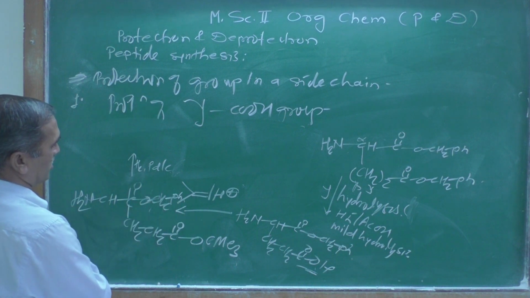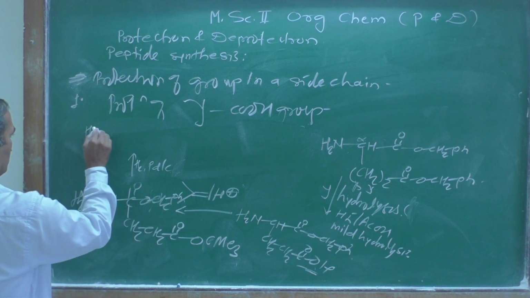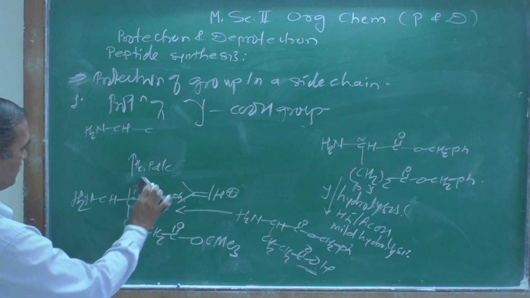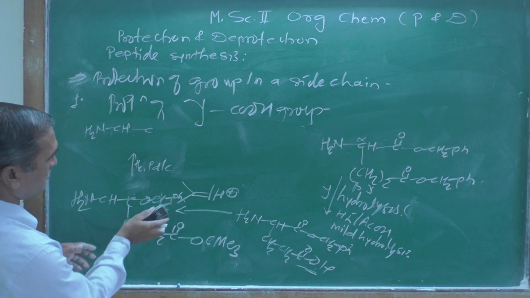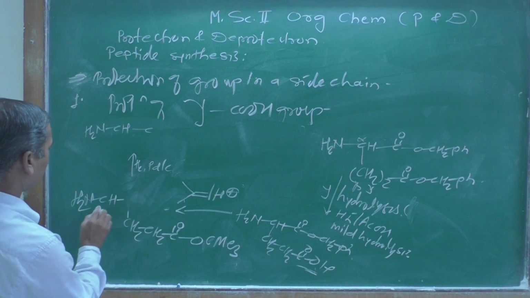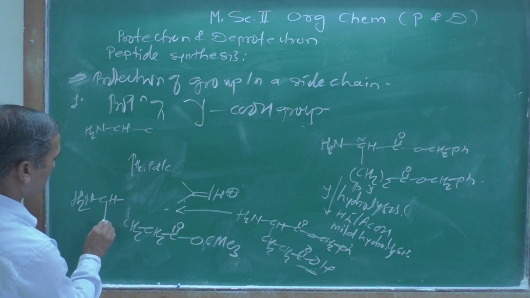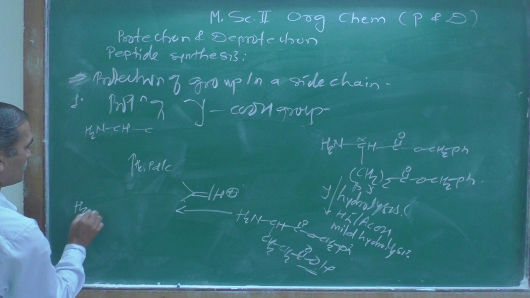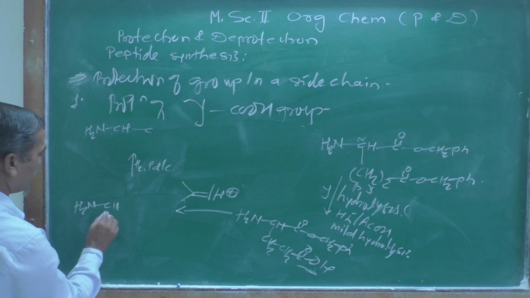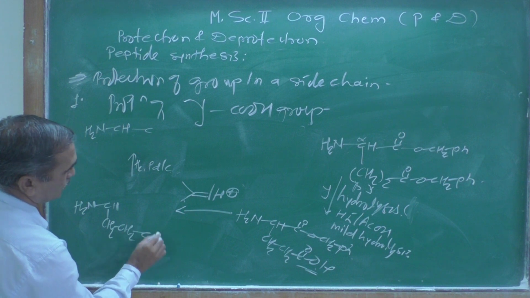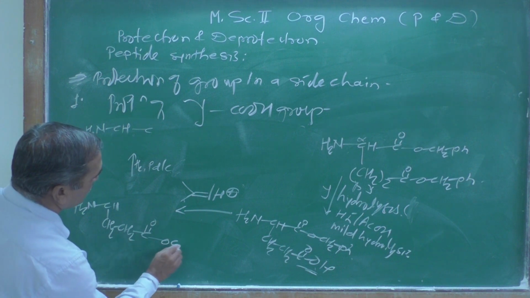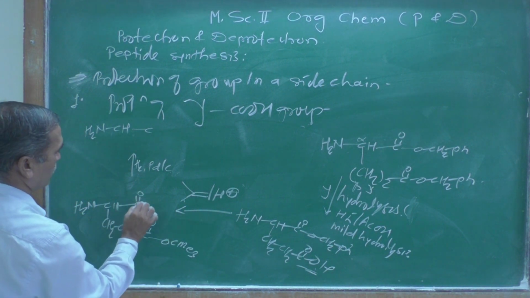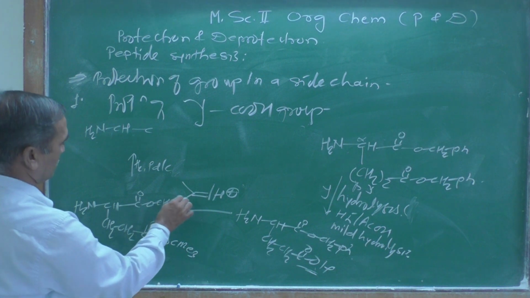What happens in the hydrogenolysis? Sorry, something is wrong here, let me correct it. H2N, then CH, then CH2, C double bond O, O, CMe3, and then C double bond O, CH2Ph. This is the group.